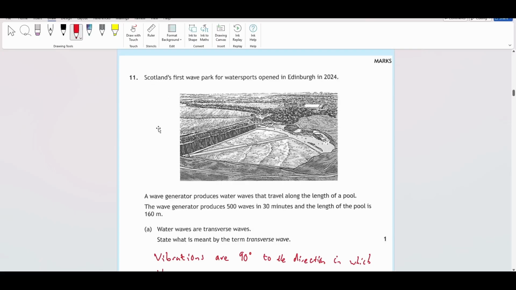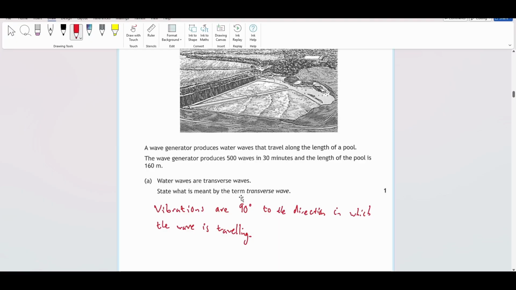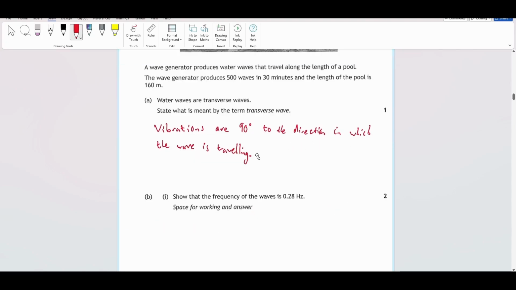So in question 11a, we need to state what is meant by the term transverse wave. And transverse waves are when the vibrations are 90 degrees to the direction in which the wave is traveling. So for b part 1, we need to show the frequency is 0.28 hertz. So we use the formula f equals number of waves over time. And there are 500 waves in 30 minutes.